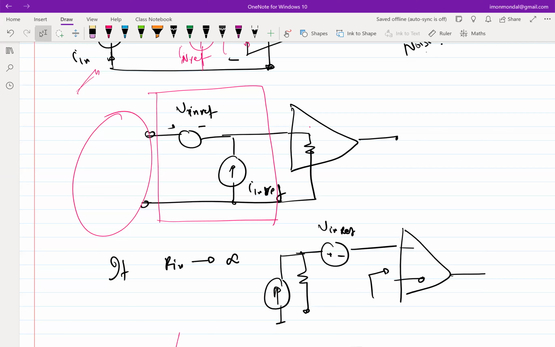Again, just to remind you, these are model noise sources, not actual noise sources. You cannot measure these input referred noises by putting any voltmeter or ammeter. Everything that has to be measured has to be measured at the output. So these are only mathematical models.